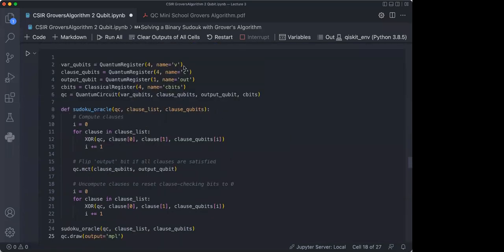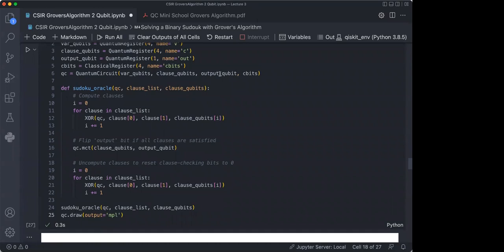As you can see, we have our variable qubits, which is the 4 qubits in that register. We have our clause qubits, which is going to be another 4 qubits to store the outputs of our comparisons of the variables, and 1 output qubit. We have 4 classical bits because we're going to eventually measure 4 qubits and store the output of those in these classical bits. And we have a quantum circuit, which is made up of all 3 of these quantum registers and this 1 classical register.